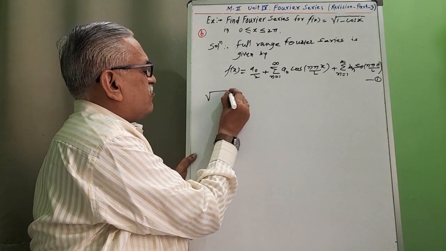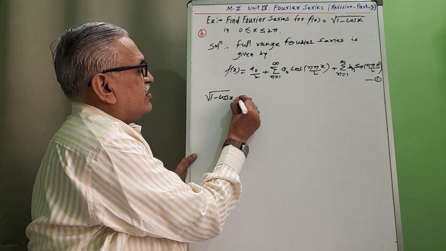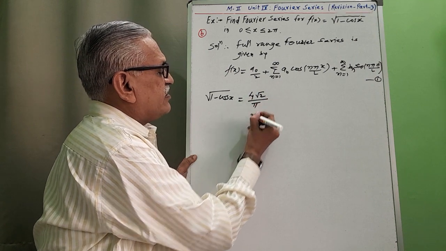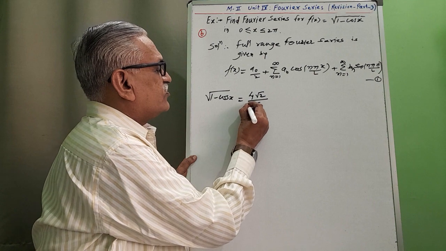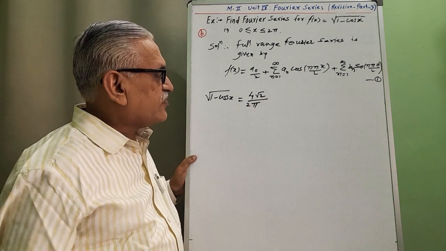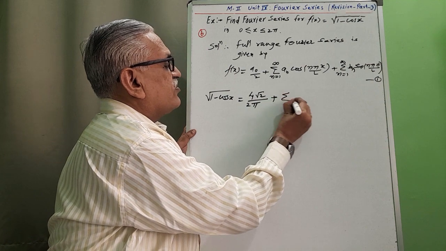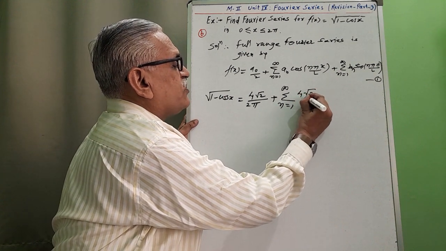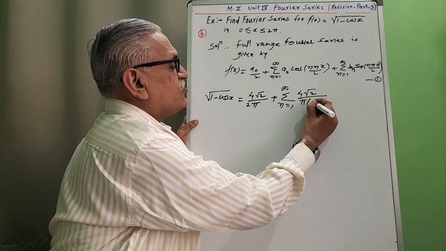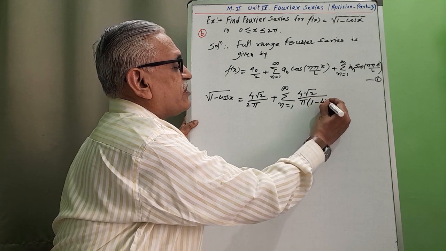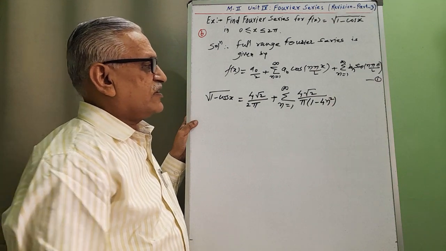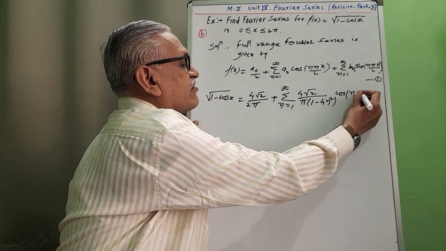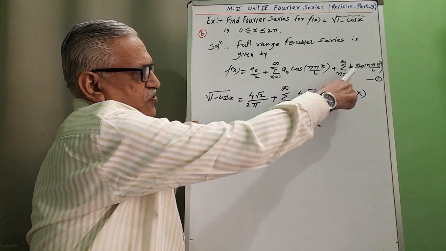The function root of 1 minus cos x is 4 root 2 divided by π and divided by 2, summation from n equal to 1 to infinity, an is 4 square root of 2 divided by π into 1 minus 4n square, into cos of nx. Bn is 0.